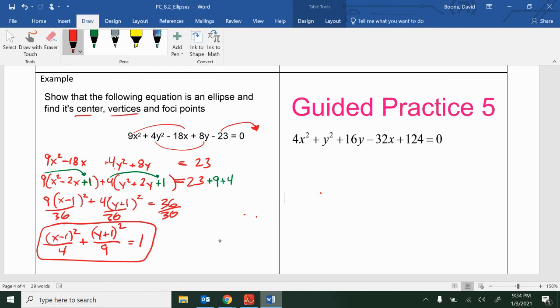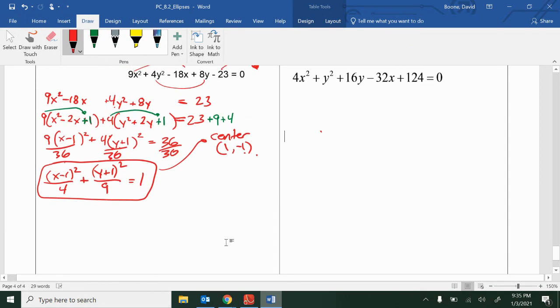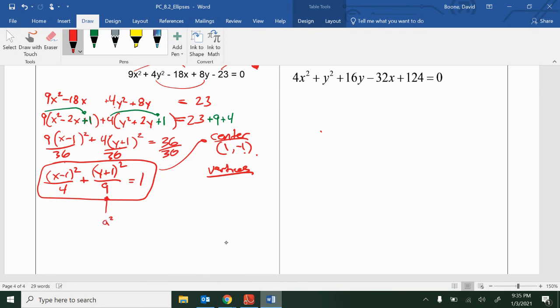If I want to find the center, the vertices, and the foci, the center is pretty easy. That center is at the opposite, so 1, negative 1. And if we're going to find the vertices now, knowing that this is the longer one, and that's my a squared value, my a value would be 3, plus or minus 3.